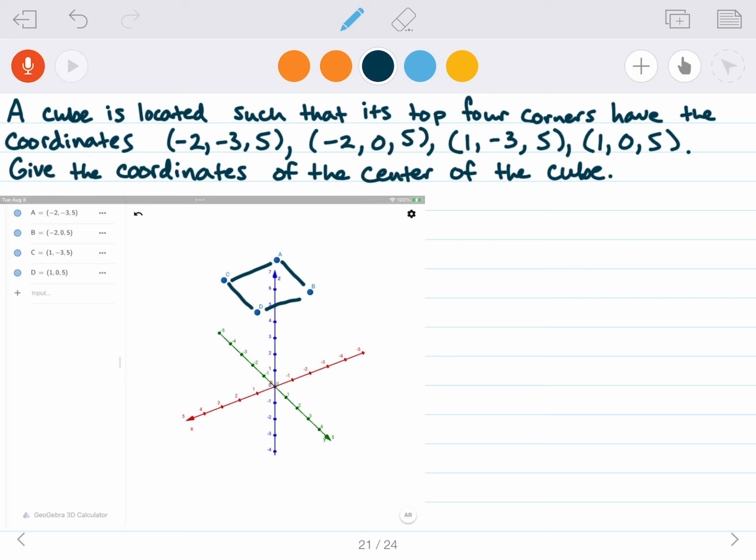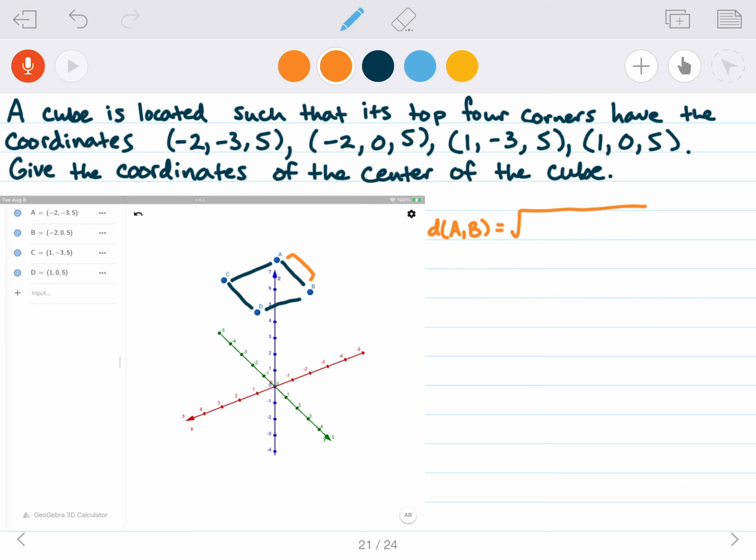Okay, so what we need to do first is find out the side lengths of our cube, basically. To figure that out, we need to use the distance formula, and you can use any of the sides, but I'm just going to start by finding the distance between A and B. So the distance between A and B by our formula is going to be the square root.